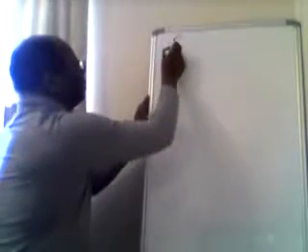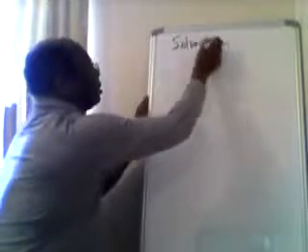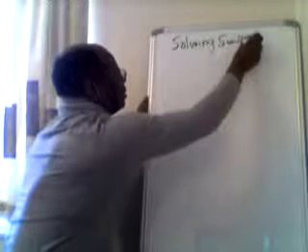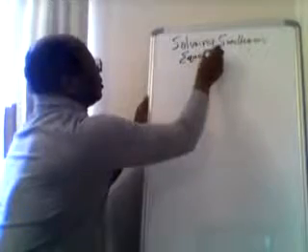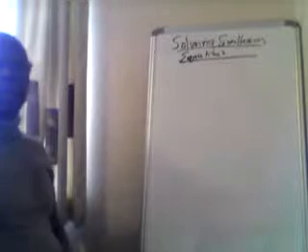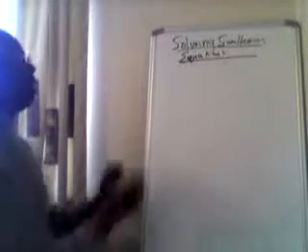Right, so first we're going to look at, or revise, how to solve simultaneous equations. To remind you, we said that there are three methods that we can use to solve simultaneous equations.